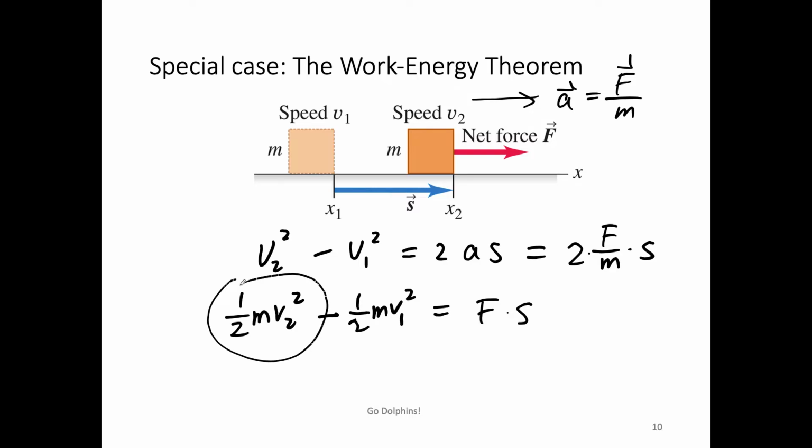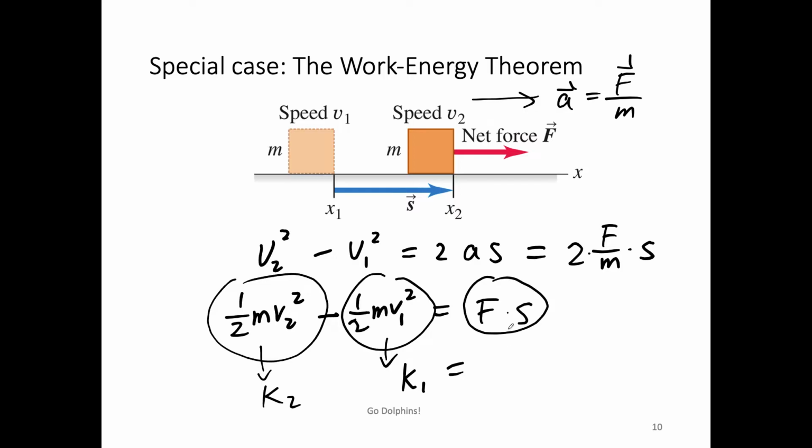This is my final kinetic energy, this is my initial kinetic energy, and this equals the work. So we can prove the work-energy theorem for this very special case, the constant force case. Your force doesn't have to be constant, it can change, and the work-energy theorem still holds, but then we need to use integration to prove that. As we said, we can prove it in class.